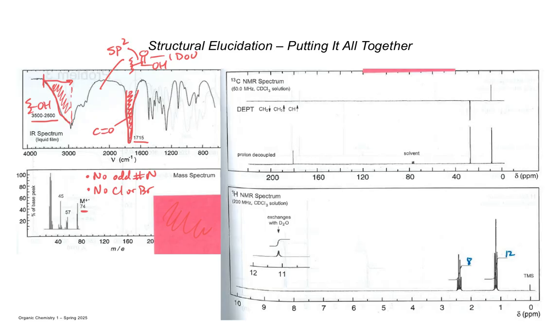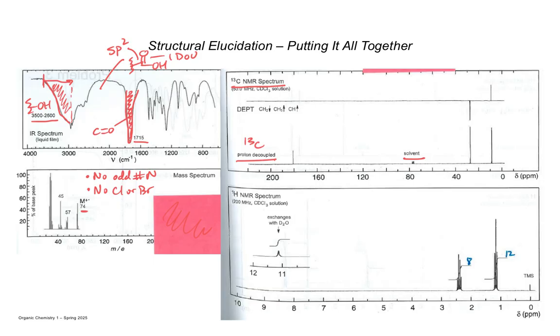So let's move over to the carbon NMR now. Notice the bottom part says proton decoupled. That's the standard way that a carbon NMR looks. There's solvent. The solvent is just the liquid you dissolve your sample in, and because that liquid is a chemical, it can also have some carbons that are measured, and we don't consider that.